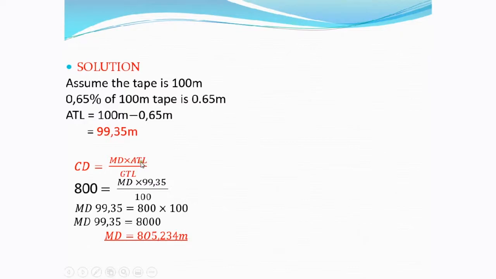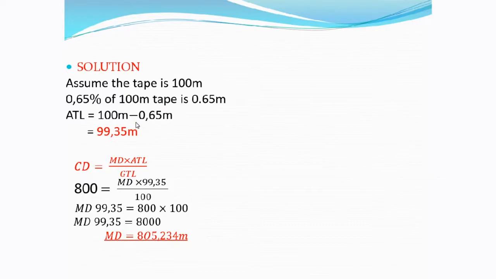So here we'll use the formula where we calculate the correct distance, and we were told that the correct distance is 800. Our measured distance is what we are looking for, and we've got the actual tape length. We need to first find the actual tape length as well as the graduated tape length.